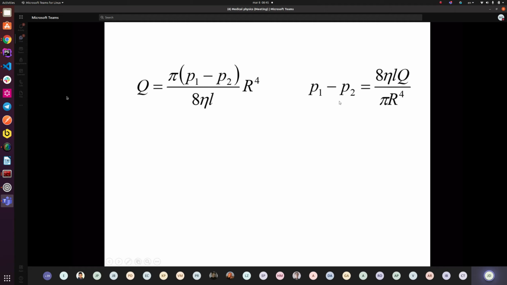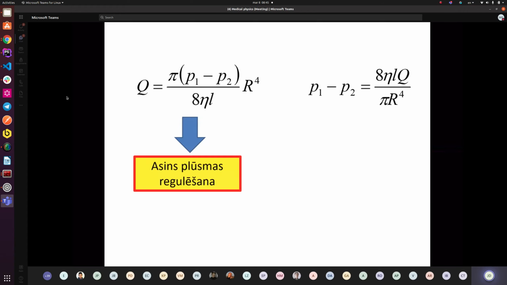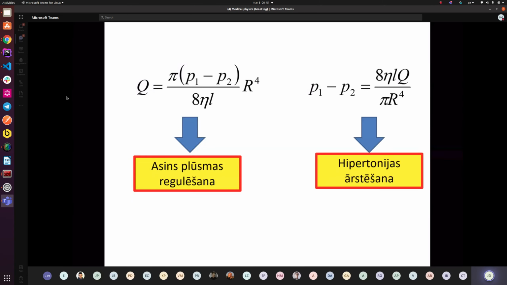If you're speaking about the pipe, meaning the blood vessel, here we can control blood pressure, and here we can control the blood flow. So we control the blood flow on the left, and here we can control blood pressure, meaning hypertonic treatment.